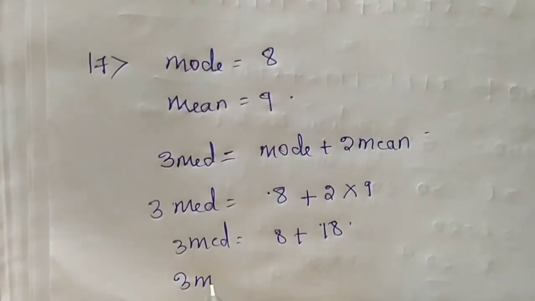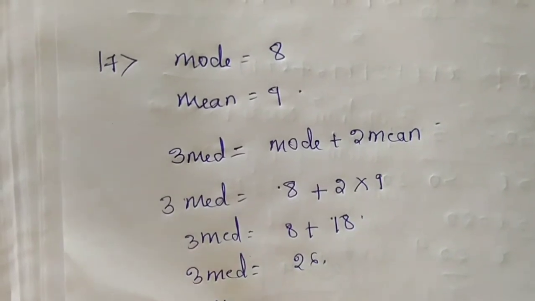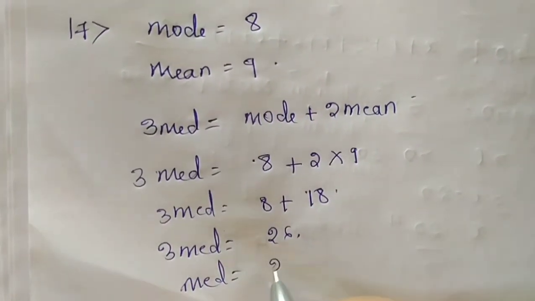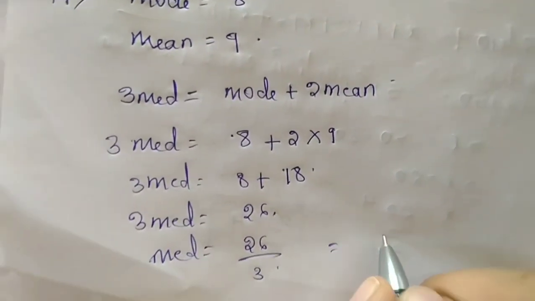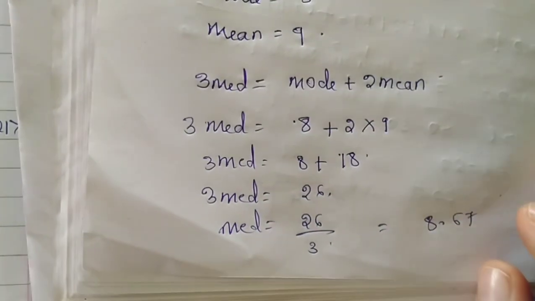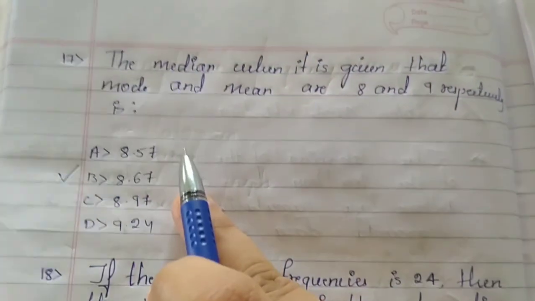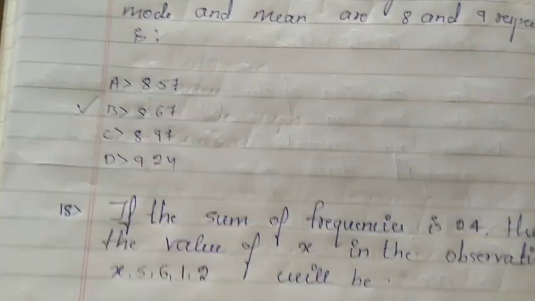So 3 median is equal to 26. So median is equal to 26 divided by 3. When you divide this, you get 8.67. Okay, so 8.67 is the correct answer. Option B is the correct answer. Now we will see the next question.